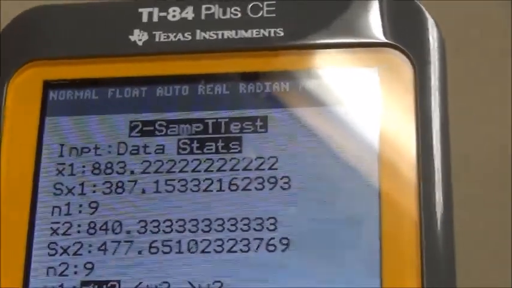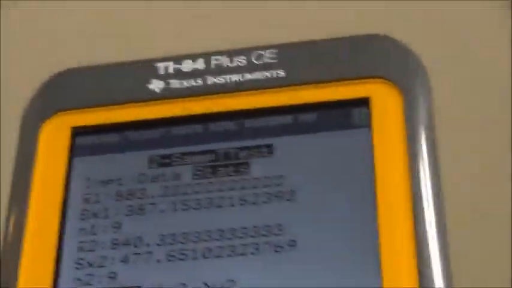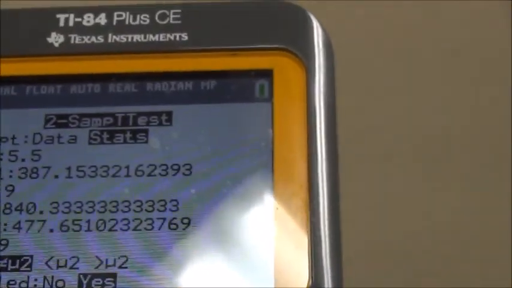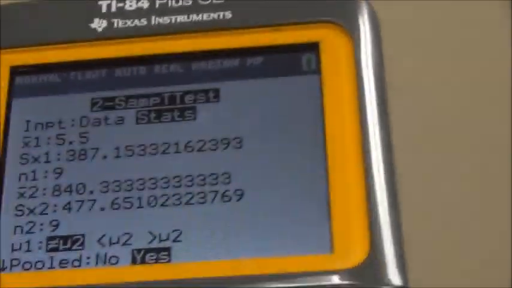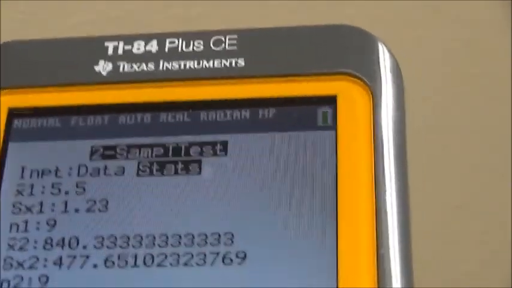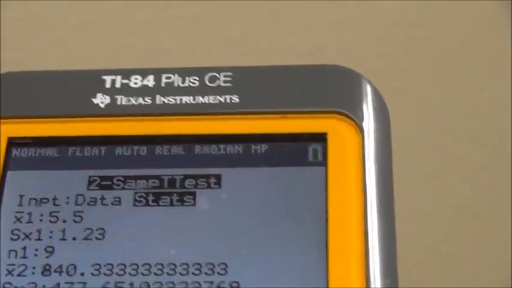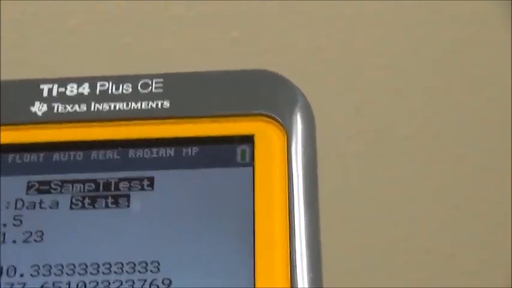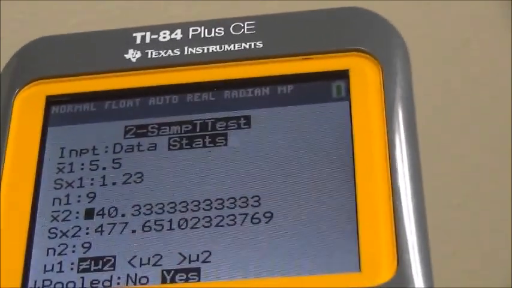So mean 1 was 5.5. Standard deviation 1 was 1.23 for the men. The number of men that they sampled was 9. For the women, mean 2 was 4.3 days.